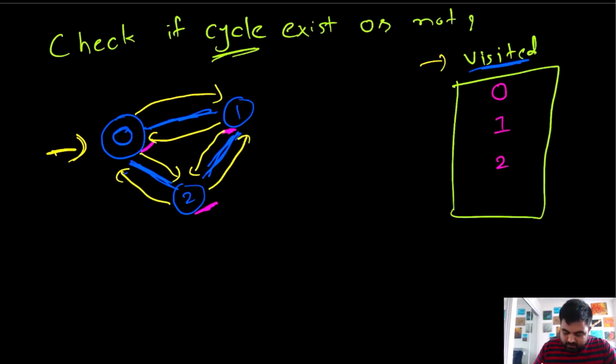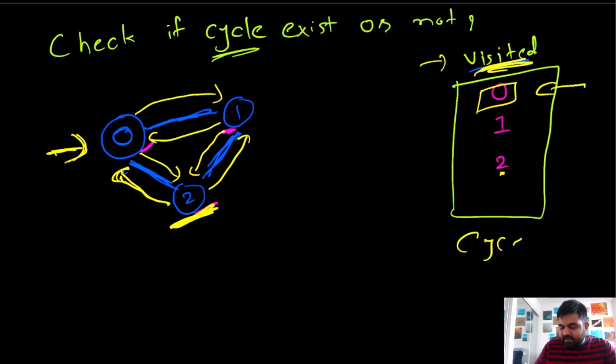Now from position number 2, because we have an edge that goes to 0, we can consider that 0 is also a neighbor of 2. So from this 2 we will try to go to this 0, and the moment we try to go to 0, we will see that it has already been visited, it is part of this hash set. So we would say that there exists a cycle, and we are pretty happy with ourselves that we have identified a cycle and are done with our case.